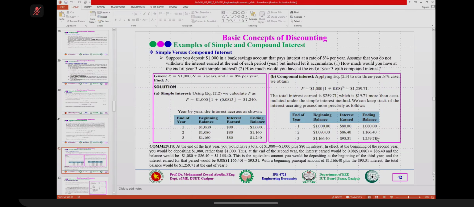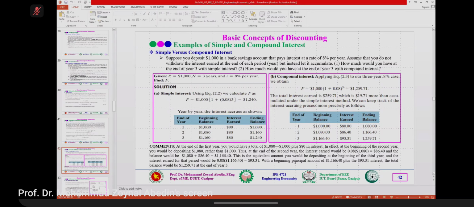So 1259.71. At the end of the first year, you would have a total of 1080, which is 1000 plus 80 in interest. In fact, at the beginning of the second year, you would be depositing 1080 rather than 1000. Thus, at the end of the second year, interest earned is 86.40, and so on.